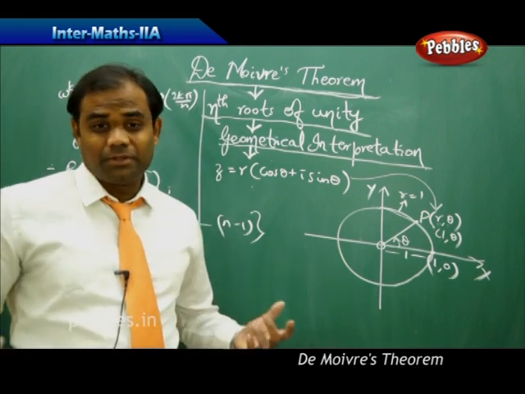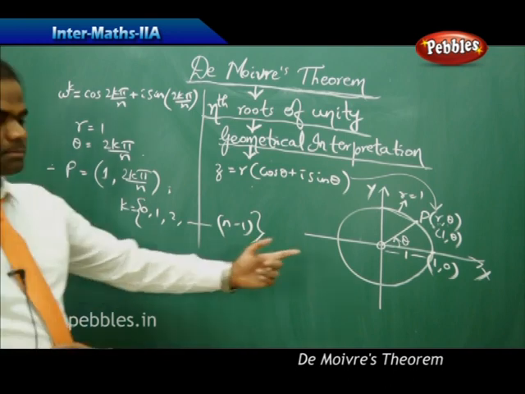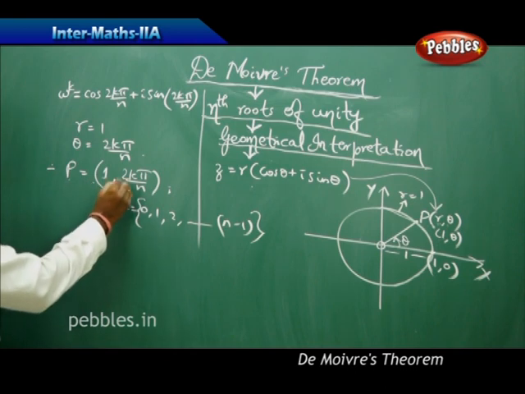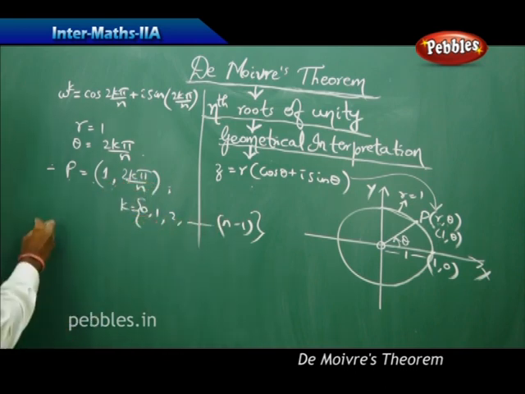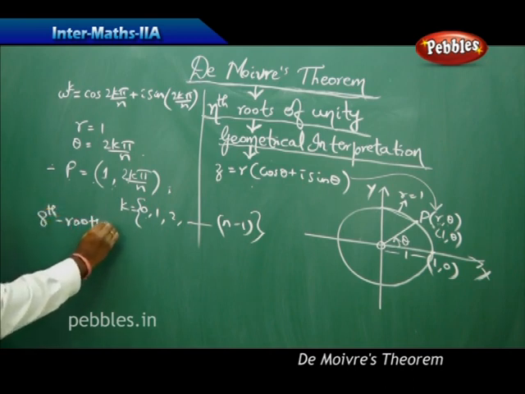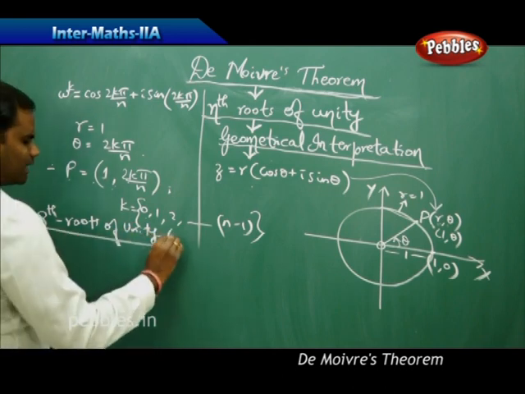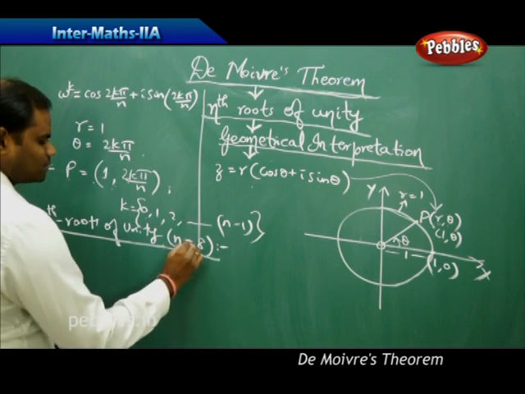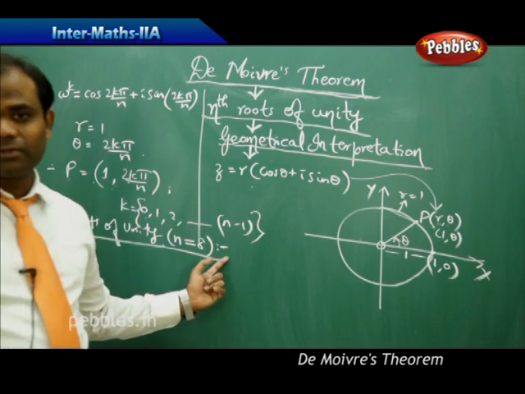Now let's see the nth roots of unity in the geometrical representation of a unit circle. Now that every point on the unit circle is 1 comma 2k pi by n with k running from 0 to n minus 1, my nth roots of unity are obtained when I take n equal to 8.